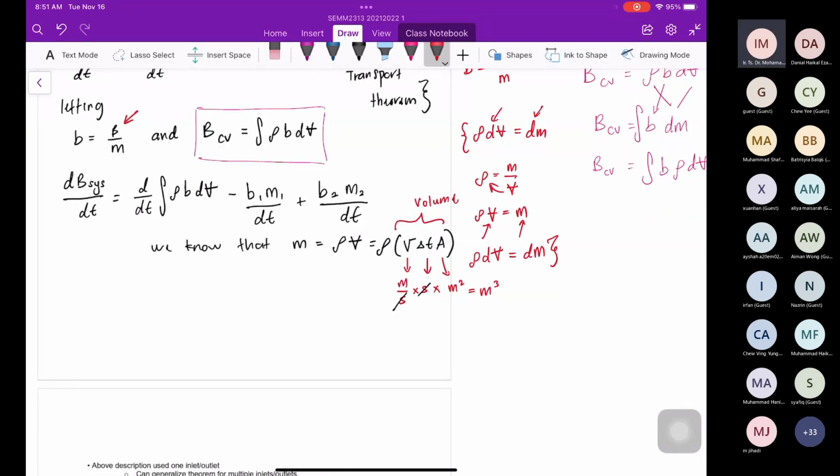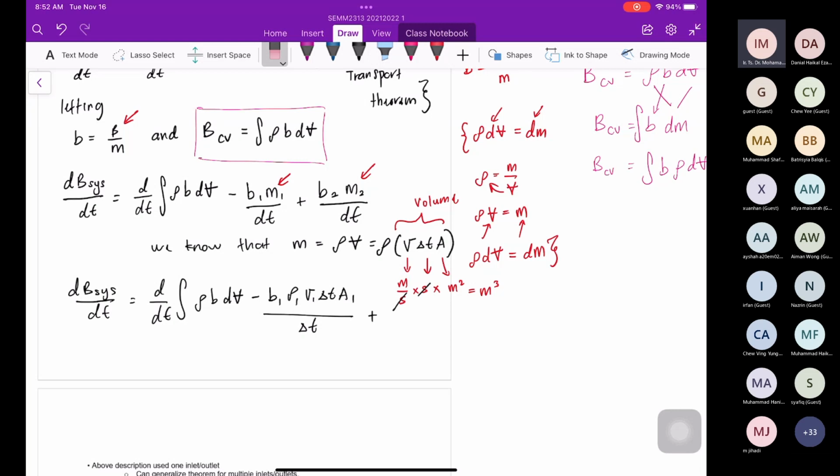So I want to substitute into here. dB of the system over dt equals d over dt integration of rho b dV, minus b1, starting with the mass: rho 1, velocity 1, delta t, multiplied with area 1, divided by delta t, because the delta t is the same, the change of time.